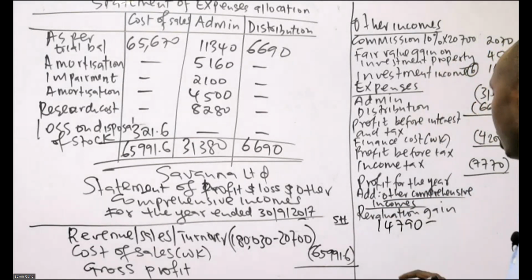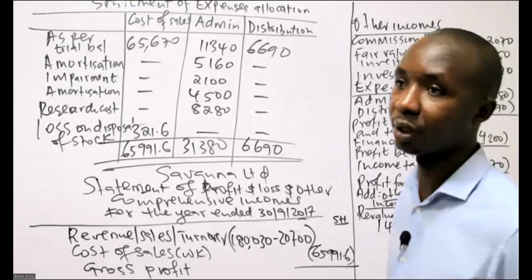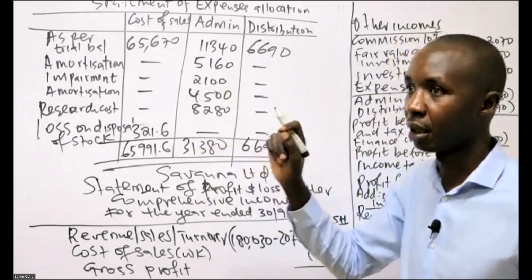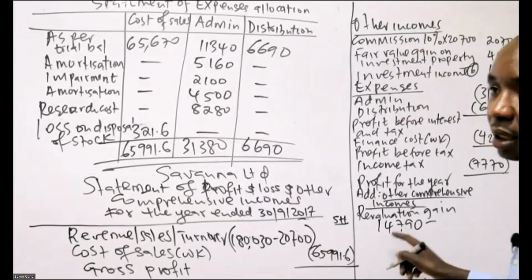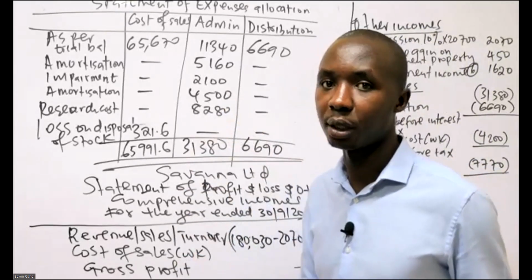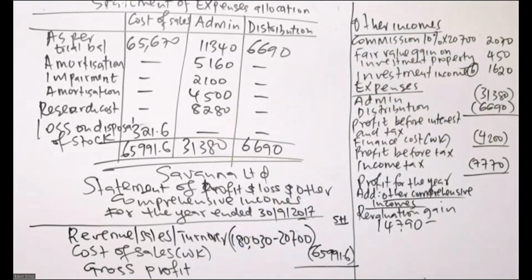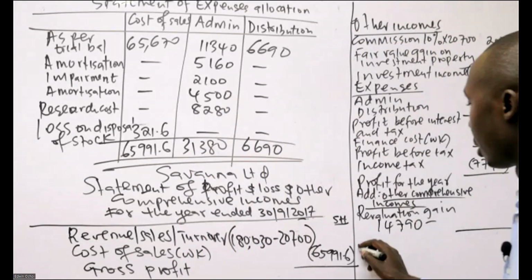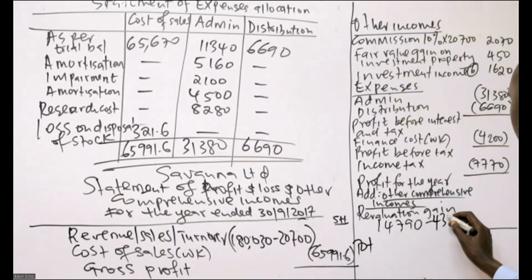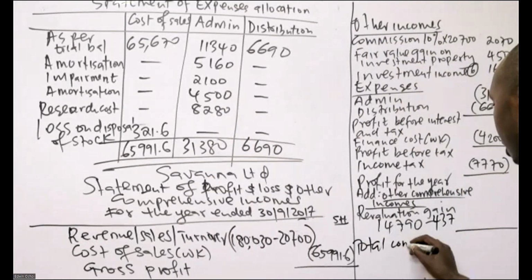But remember that we said 30% of this increases the deferred tax, because we were provided a corporation tax in the additional information of 30%. That value increased our deferred tax based on the corporation tax given. So deduct the deferred tax due to revaluation. 30% of this is 4437.